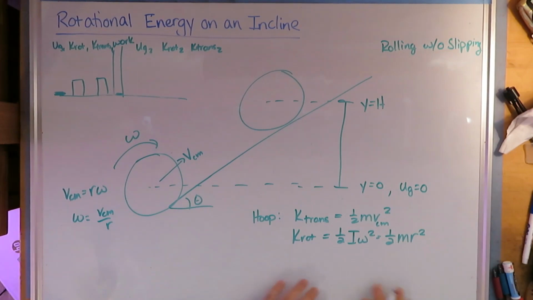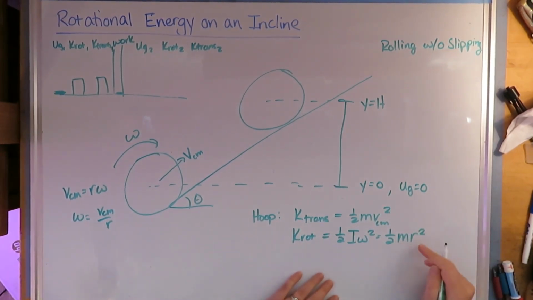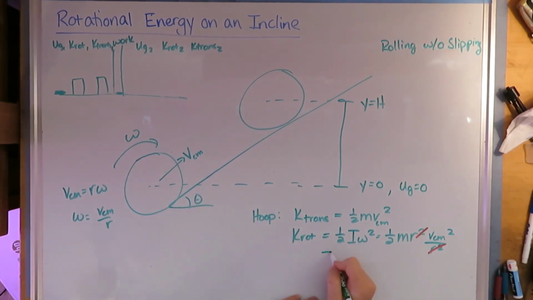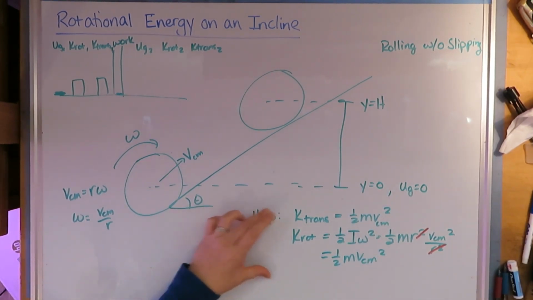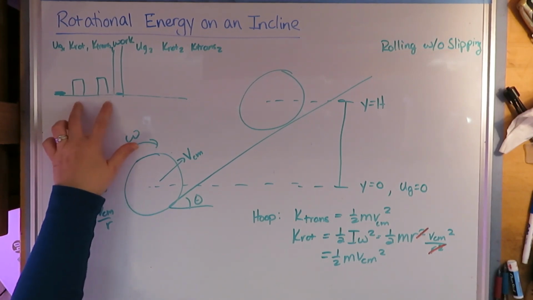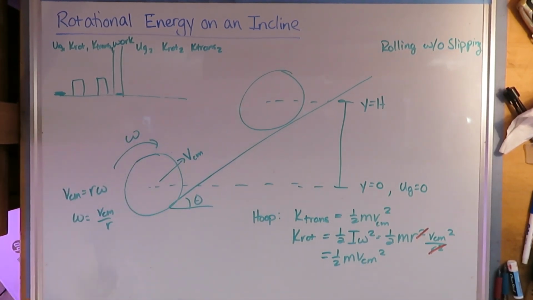I can convert by making omega squared v CM squared over r squared, and the r squared cancels out. So my rotational kinetic energy is equal to 1/2 m v CM squared. If I have a hoop, exactly half of my kinetic energy is translational and the other half is rotational, so those two start off equal. What about if it's not a hoop?